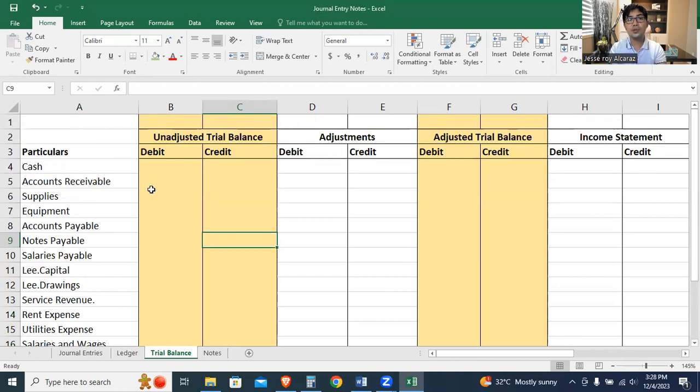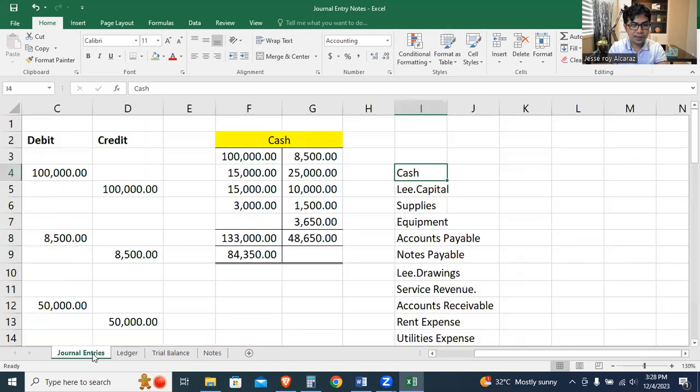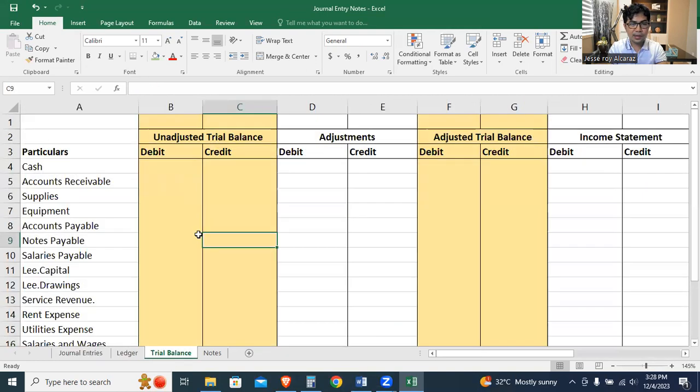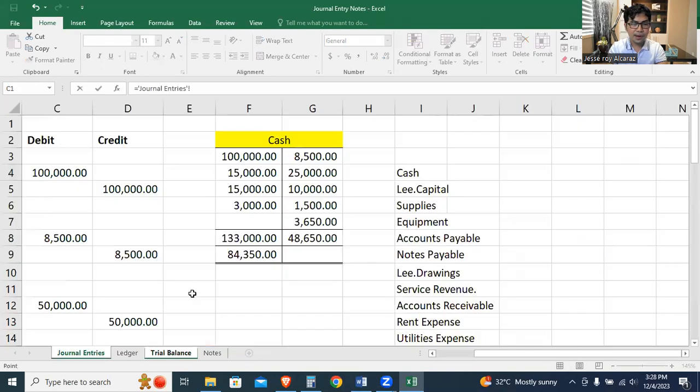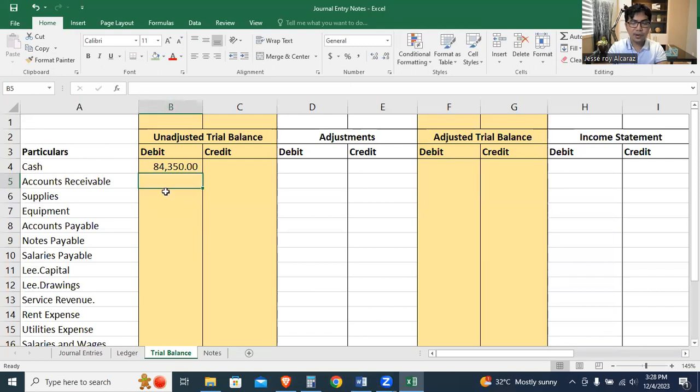Okay, so what do we do? In the trial balance, we take the last figures added in our ledger, the ones in green. We will simply copy them and paste them here in the trial balance. So let's start with cash. Cash has a balance of 84,350. What I normally do in Excel is use equals, so that if there are changes, it updates easily.